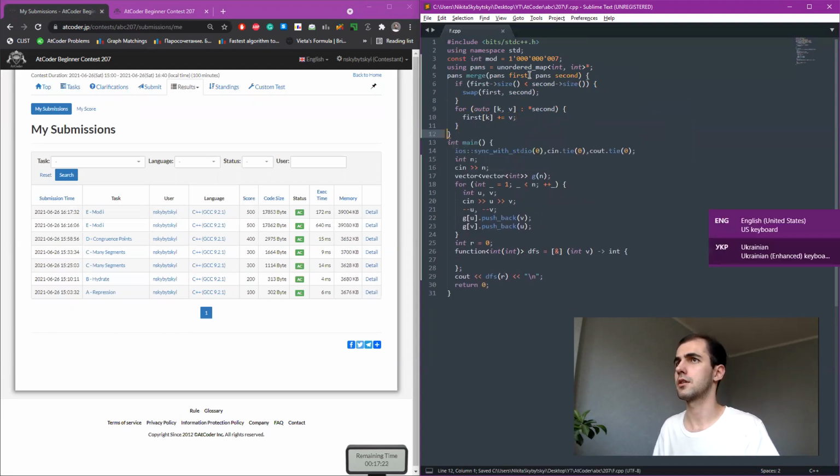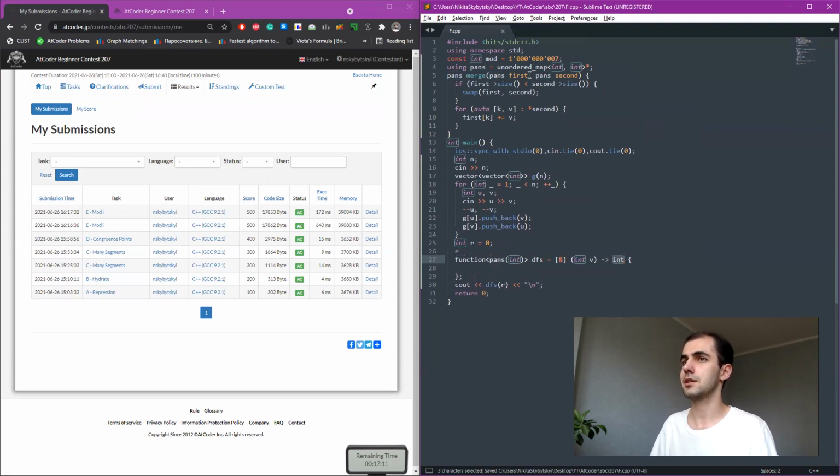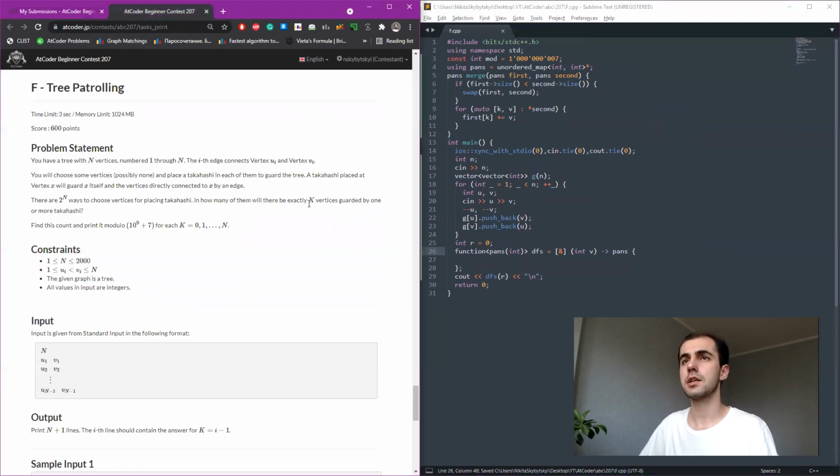Well, you can delete second, but it's relevant. Therefore, you're going to return that. Actually, where is k? Oh, for each k. Okay, that's not a big deal.